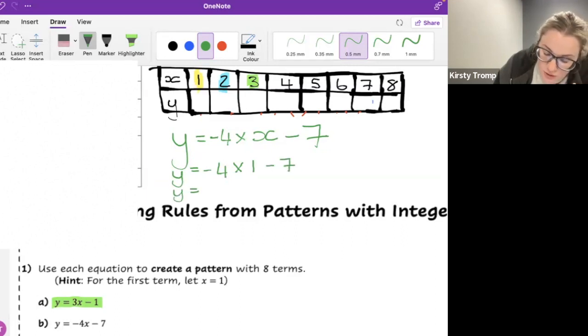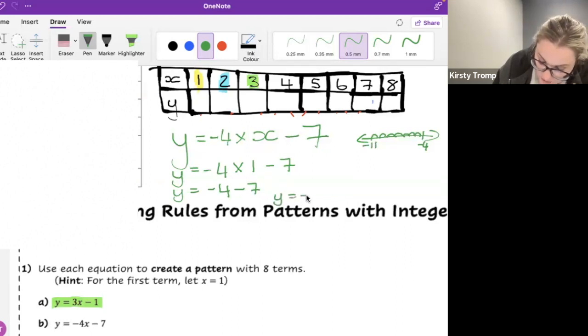So y is equal to negative 4 times by 1 gives me negative 4 minus 7. I can draw myself a little number line on the side here. Negative 4 minus 7. So 1, 2, 3, 4, 5, 6, 7 gets me to negative 11. So y will be equal to negative 11. So in my block, I'm going to say negative 11.